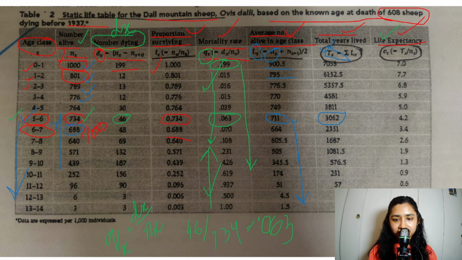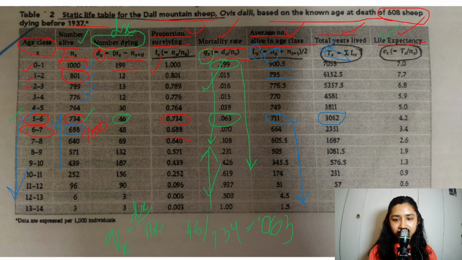Here you can see for this age class you took the life expectancy. Likewise, you can take out life expectancy for these also, where the TX is 7053 divided by 1000. So what does that mean? For the age group of 5 to 6 years, the life expectancy is 4.2.